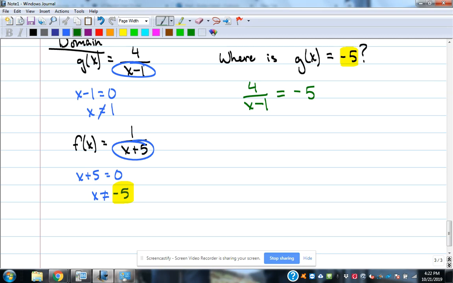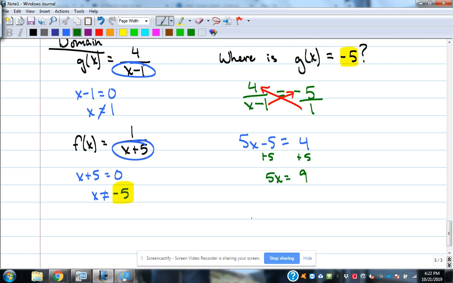And work it out. So when I put that over 1, it makes it look like a proportion. Y'all remember cross multiplying to solve proportions? Back in probably a geometry class, you did that quite a bit. So 5x minus 5 is equal to 4. You get to add 5. 5x equals 9.